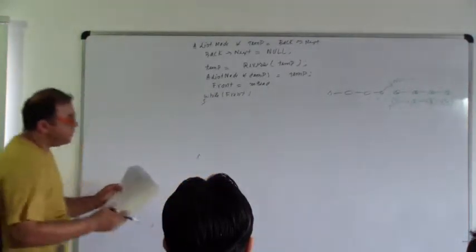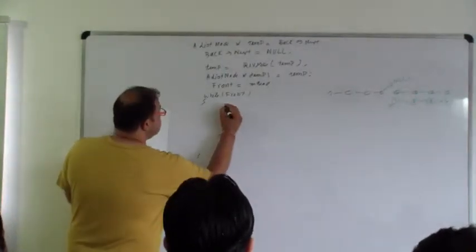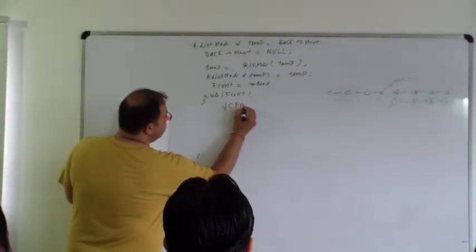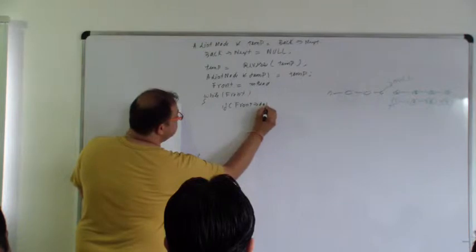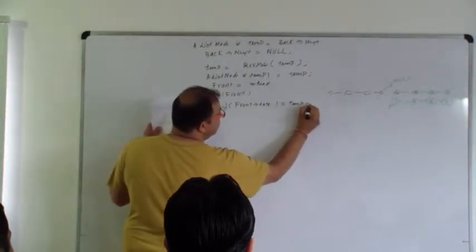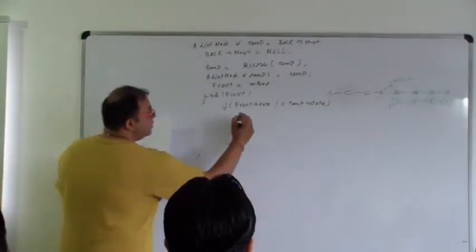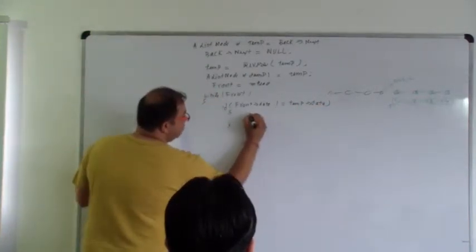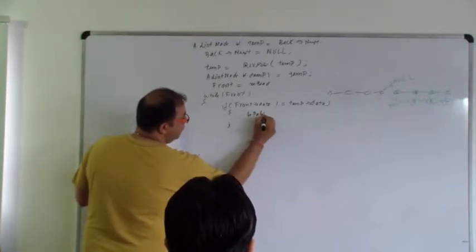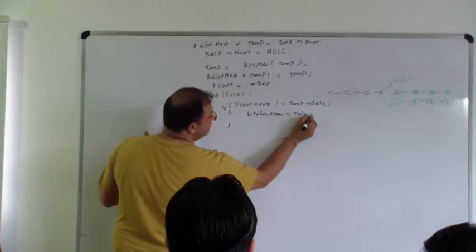But that's okay. So while front exists, if front arrow data is not equal to temp arrow data, then palindrome is equal to false and break.